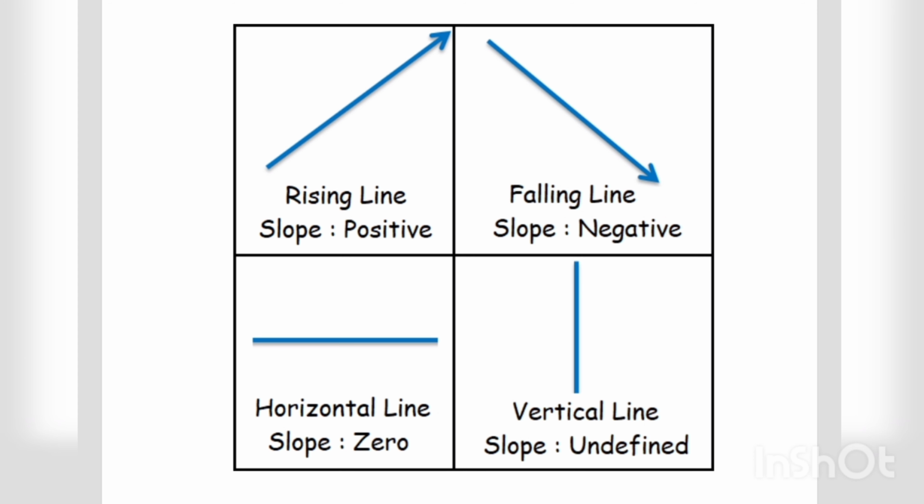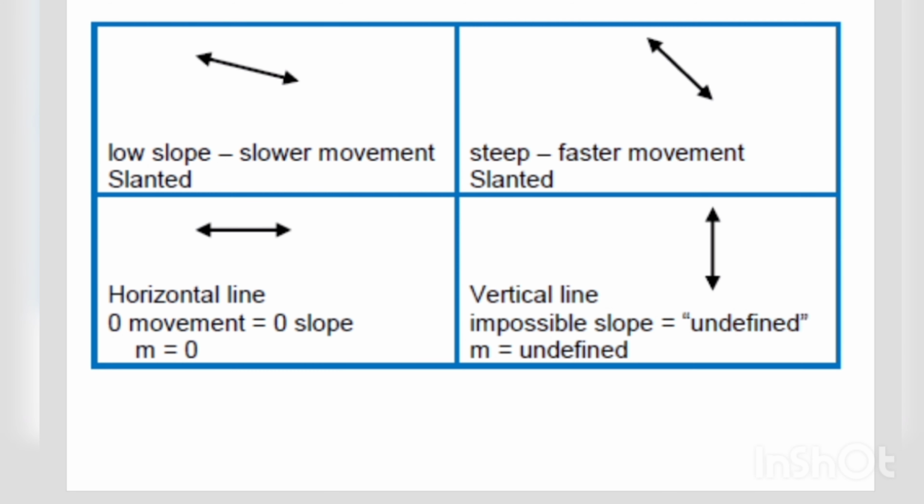One is a rising line which has a positive slope, another is a falling line which has a negative slope, and of course we have either a horizontal line or a vertical line, but a horizontal line has a slope of 0, whereas a vertical line is said to have an undefined or an indefinite slope.